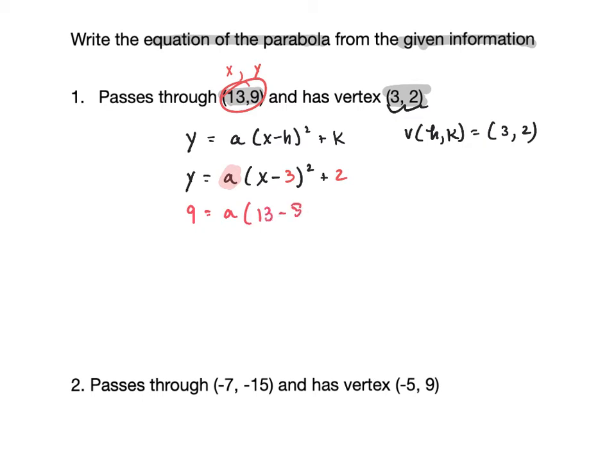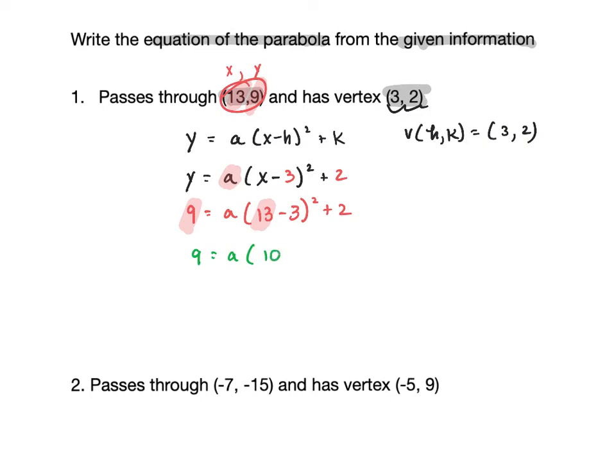So I just substitute in the x value and the y value: 13 goes in for x, and the 9 goes in for y. And this gives me this new equation with only one unknown, the a value, which is what I am trying to find. Let's go ahead and do the math now.